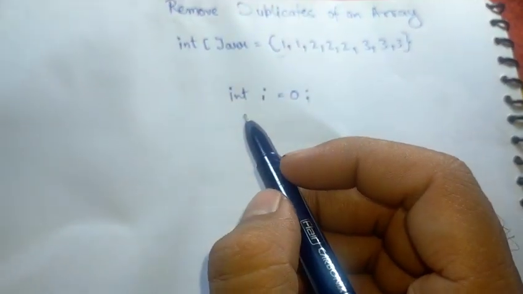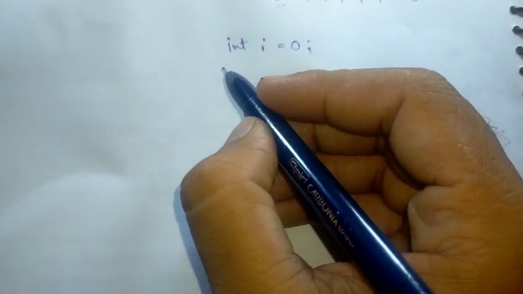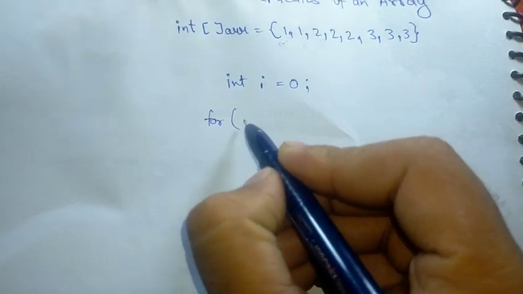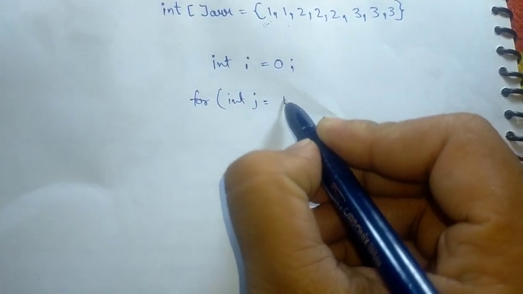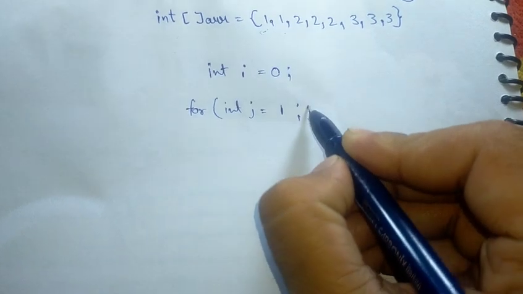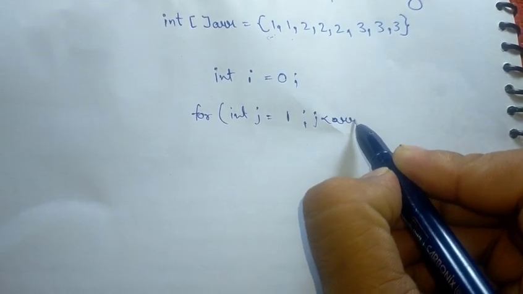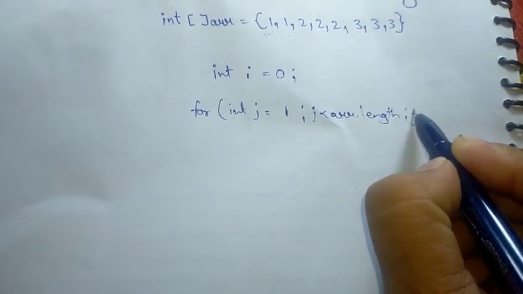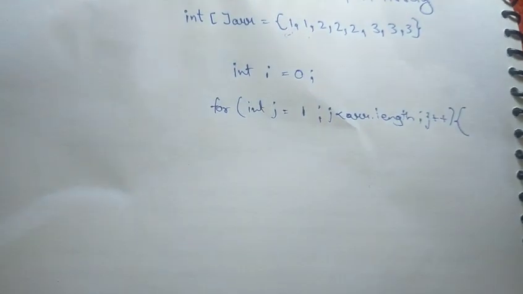After that, as always, we are going to traverse that array. So we start j with 1, and go while j is not equal to array dot length, with j plus plus. Okay, so we have traversed that array.